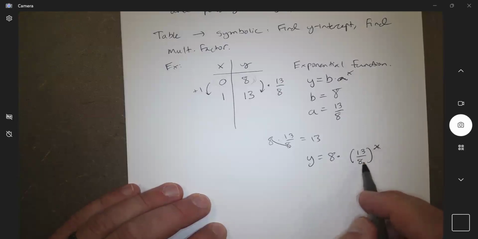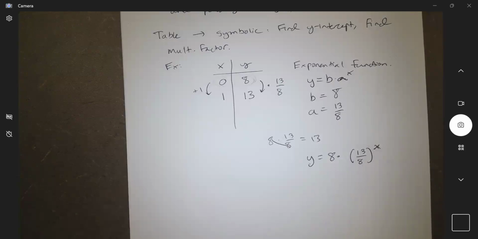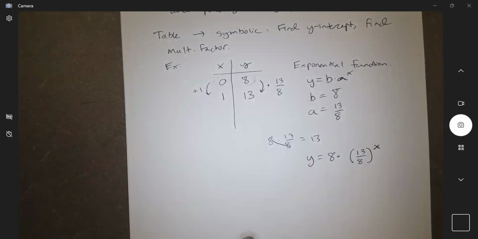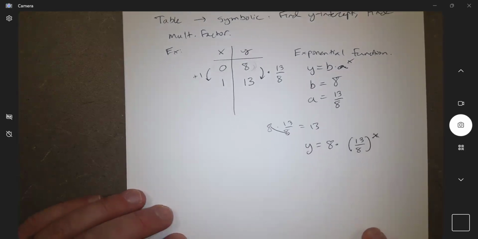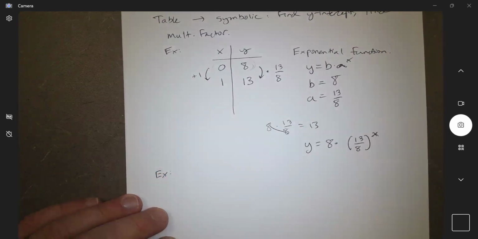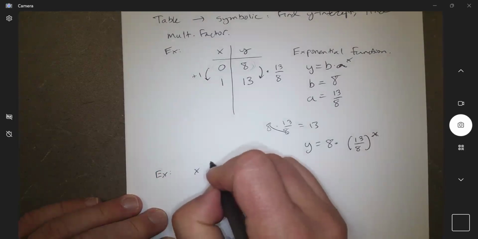And I could convert that to a decimal if I wanted to, but I don't have to. It's still the multiplication factor.